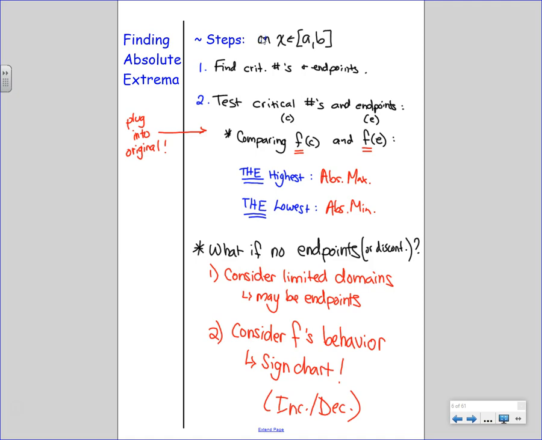Because this one says, on a closed interval A to B, when f is continuous. Two very specific things that have to be true. So tomorrow we're going to look at what happens if we have no endpoints, if we have an open interval, and or we have discontinuities, then what?